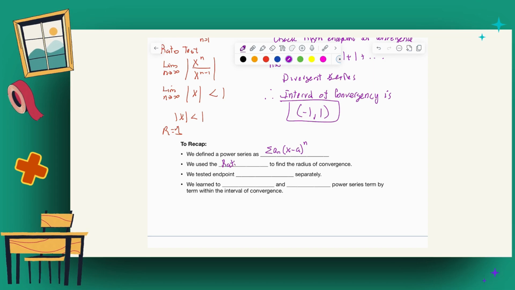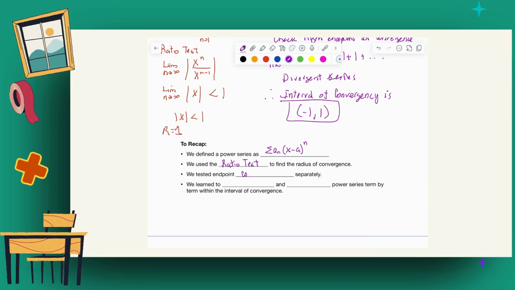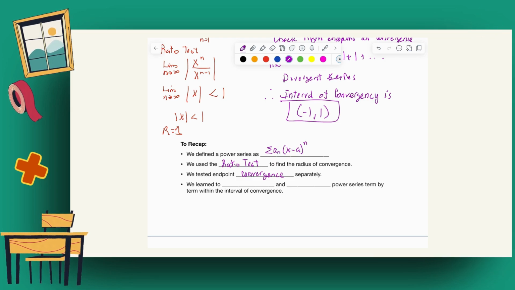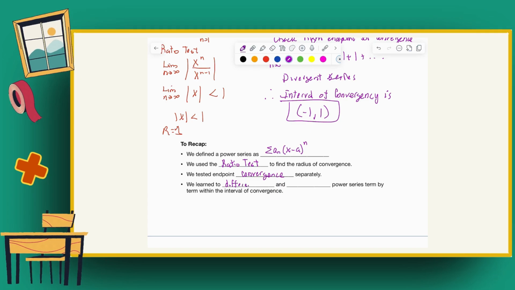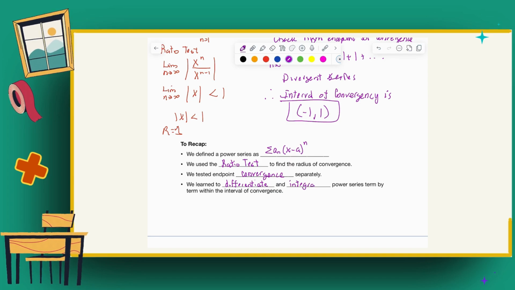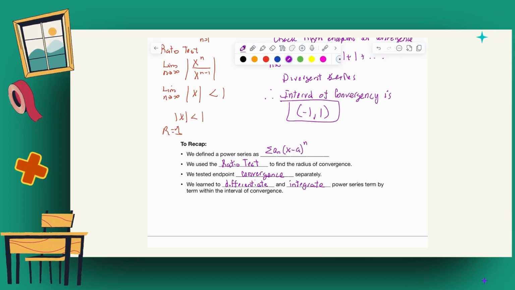We used the ratio test to find the radius of convergence, and then we tested each of those endpoints for convergence separately. And then we learned how to differentiate and integrate power series term by term and then found the interval of convergence with those derivatives and integrals.